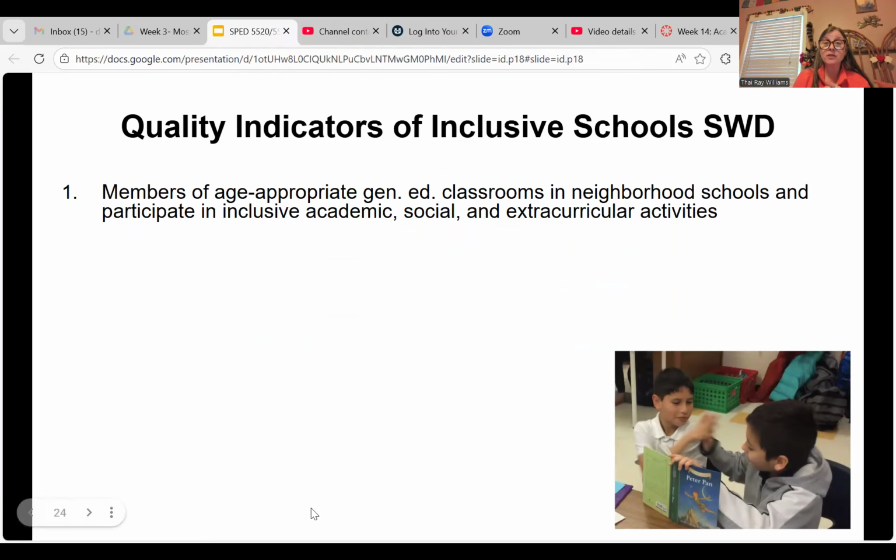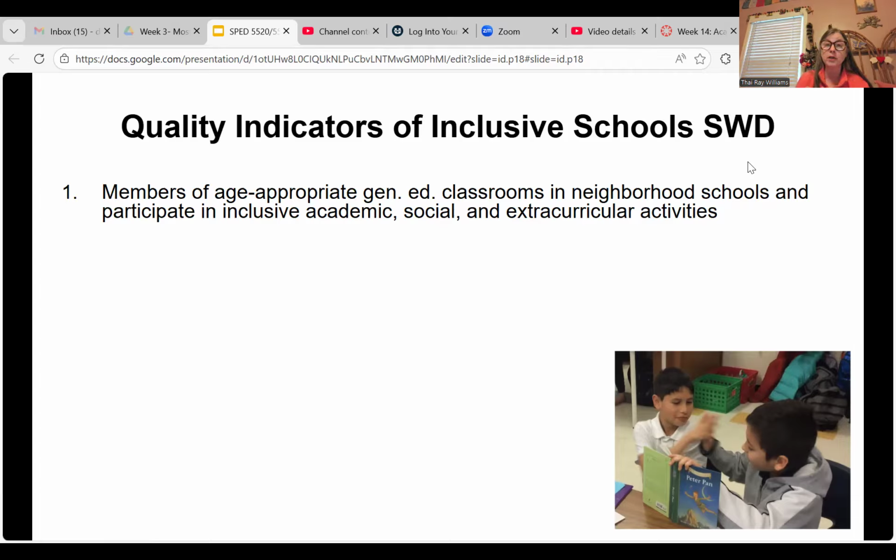The next thing that we're going to talk about are the quality indicators of inclusive schools for students with disabilities. So these are exactly what they sound like. They are indicators of quality inclusive schools. As I go over these, I encourage you to reflect on your own school, either the school that you currently work in or are doing a practicum in, or a school you attended.